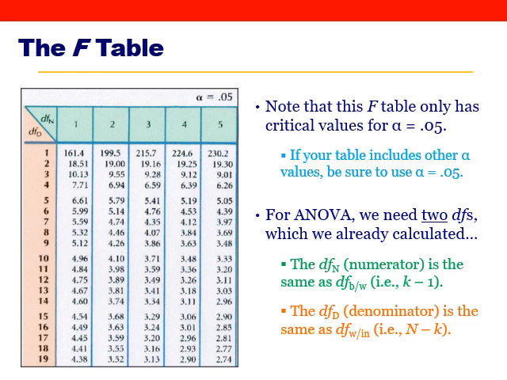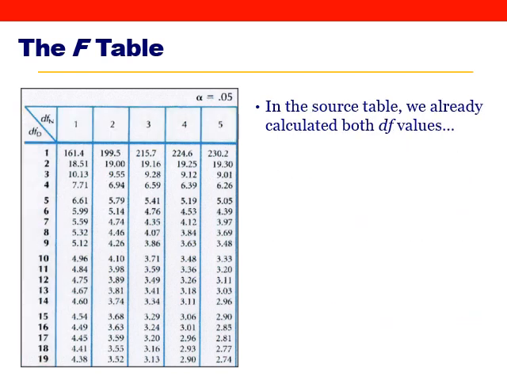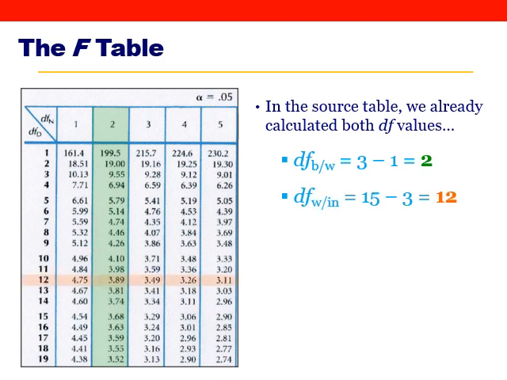The good news here is we've already calculated both in the source table a few slides ago. We know that our between groups or numerator degrees of freedom is equal to k minus 1, which was 2. And we know that our within groups or denominator degrees of freedom is equal to big N minus k, which was 12.